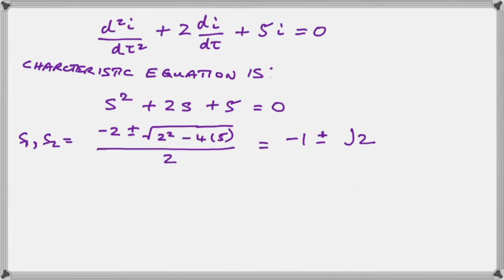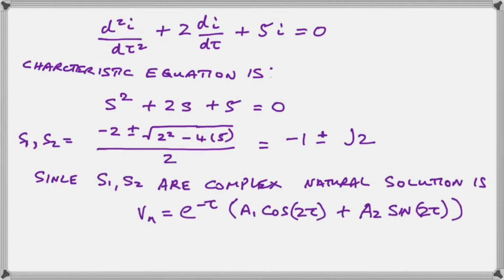Since we have a negative number under the square root, that merely means that the solution is going to be underdamped or oscillatory and will contain sine and cosine terms. There's a very specific solution that we apply depending on whether it comes out underdamped, overdamped, or critically damped. And the solution we use for underdamped is shown there.